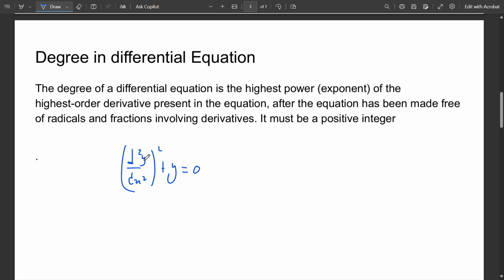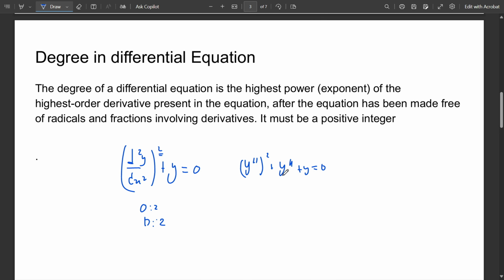Why? Because we look at the highest order, which is 2. That means the degree is the power of the highest order derivative, which is 2 here. Another example, let's say we have y double prime squared plus y double prime plus y equals 0.